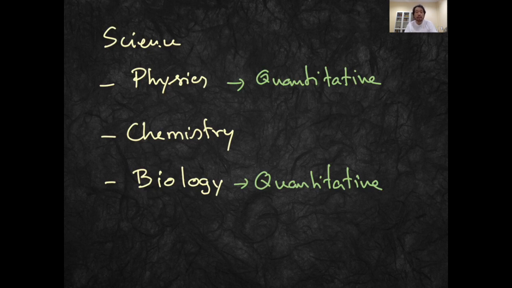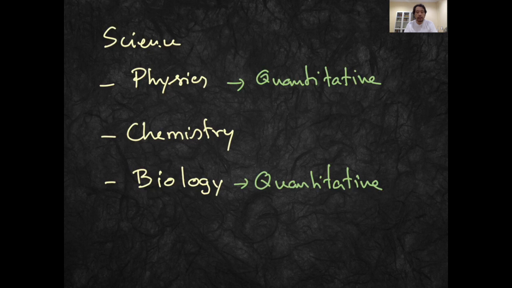It means that when you express the knowledge in biology, you may express it in a descriptive way. Sometimes it's not possible to talk about the knowledge of biology quantitatively, because biology is so complicated.